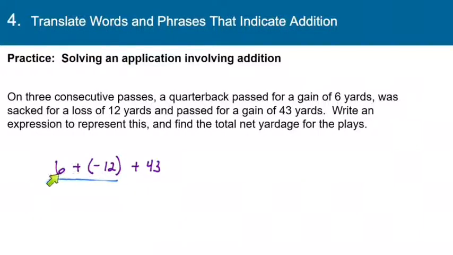Here the signs are different, so we will subtract the numbers and take the sign of the larger one, which is negative. That's going to give us -6 plus 43. And then again, the signs are different, so we'll want to subtract and use the sign of the larger number. That's going to give us positive 37.